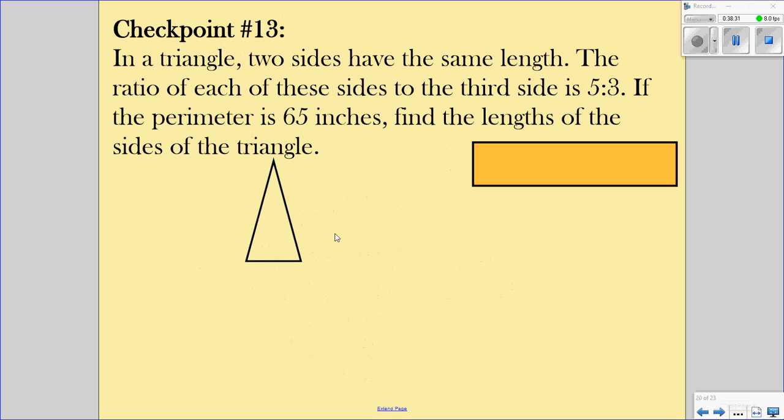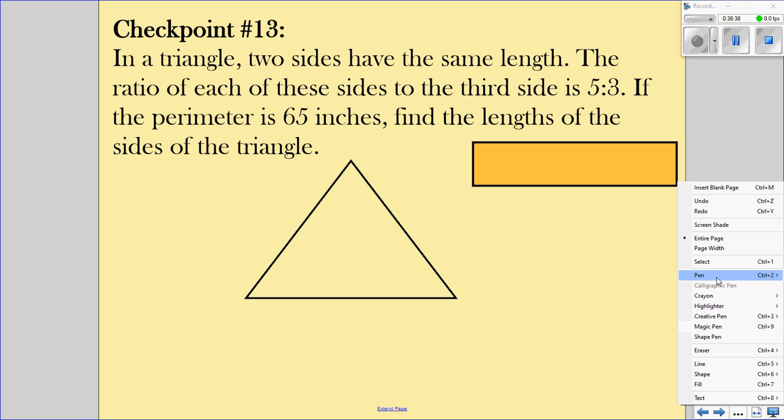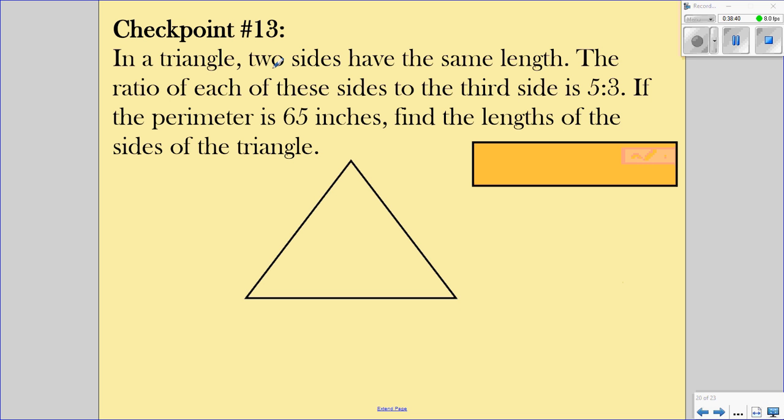Okay, so we have another one. Make this bigger. It says that in a triangle, 2 sides have the same length. So I'm going to put this mark. This mark tells me that these two sides are congruent. They're the same. And then the ratio of the sides to the third is 5 to 3.